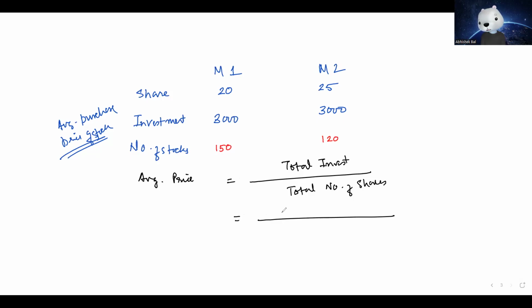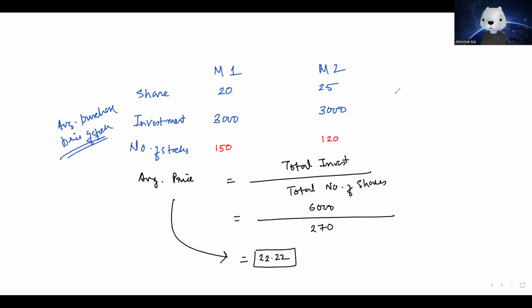So the total investment that's being made is $3,000 plus $3,000 over a period of couple of months. So that is $6,000, and the total number of shares being bought is 270. So all that we are required to do is to divide 6,000 by 270, and we're going to get a value of 22.22. Okay, so this is our average share price.